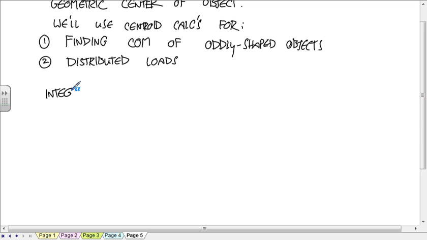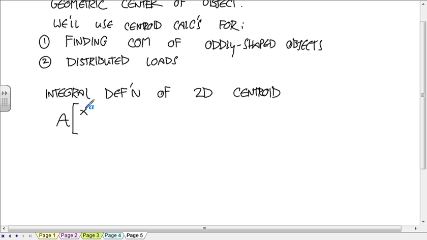The integral definition of a two-dimensional centroid says the total area of the body times the centroid of the body is equal to the integral over the area of the centroid of your individual increment of area times the increment of area.